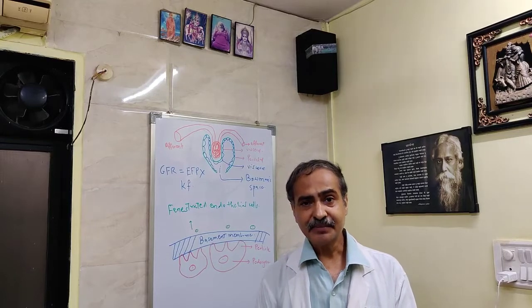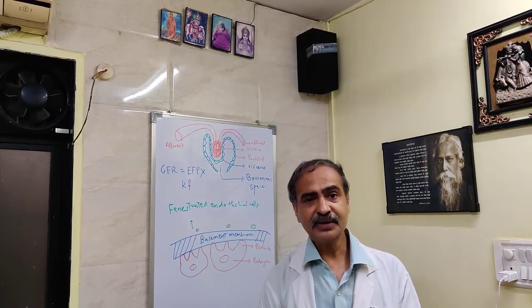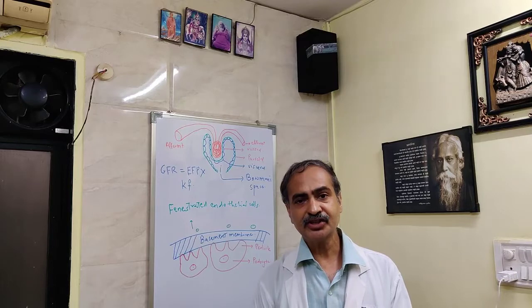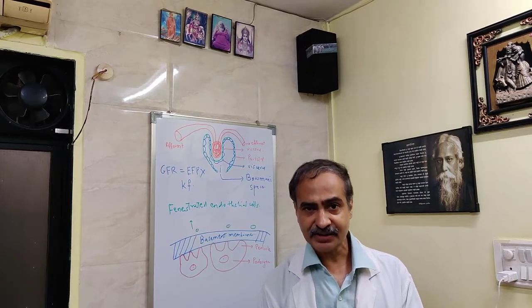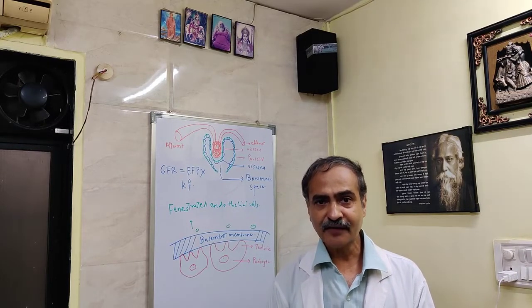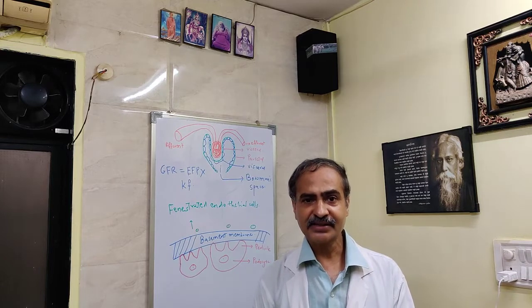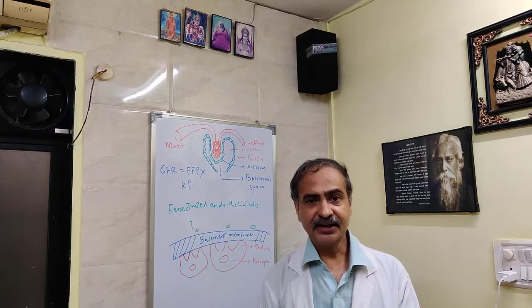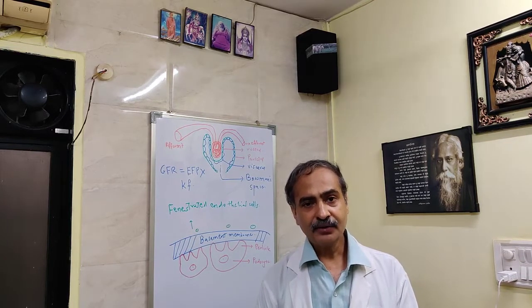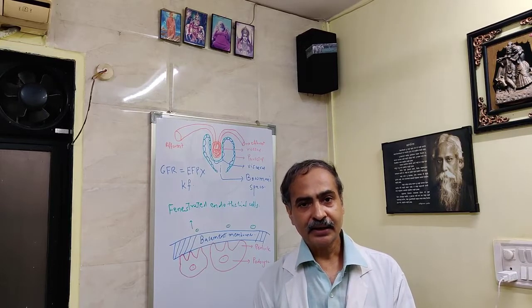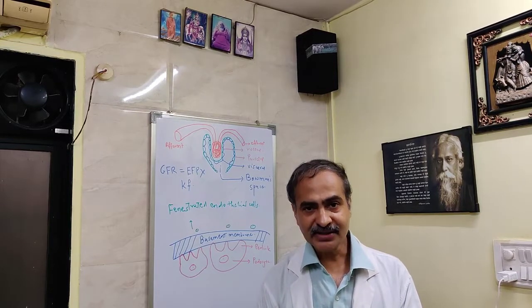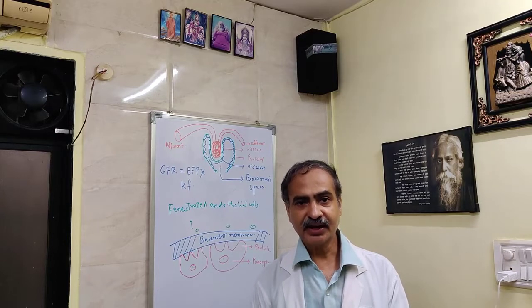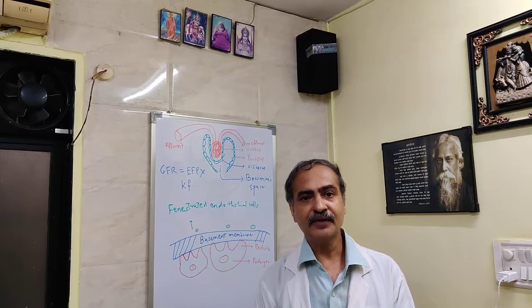Also, these mesangial cells are responsible for increased synthesis and deposition of extracellular matrix. As a result of accumulation of excess extracellular matrix, there is thickening and decreased permeability of the glomerular capillary, resulting in glomerular sclerosis, thus decreased Kf, thus decreased glomerular filtration rate.